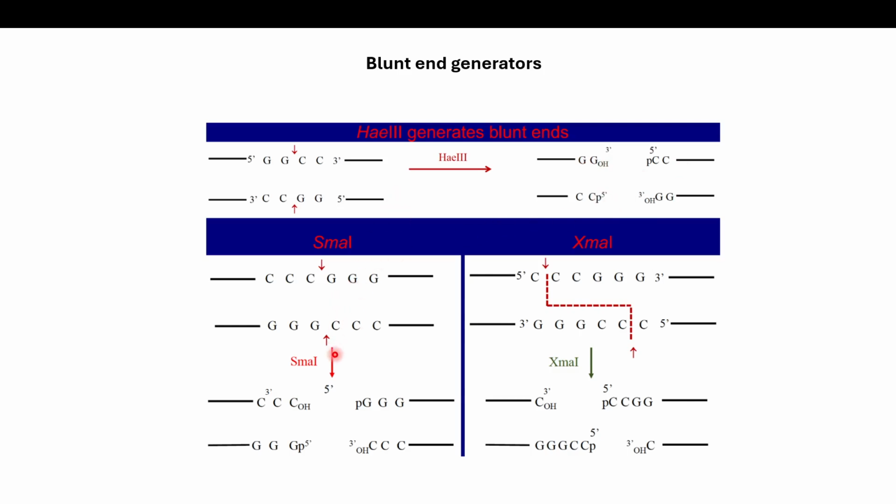And then there's SmaI, which recognizes the CCCGGG sequence and cuts exactly at the middle, generating blunt ends. And then there's XmaI, which generates overhangs, as we saw earlier.